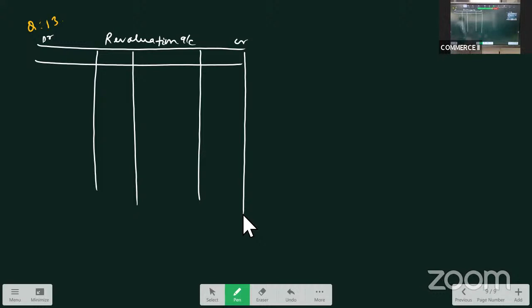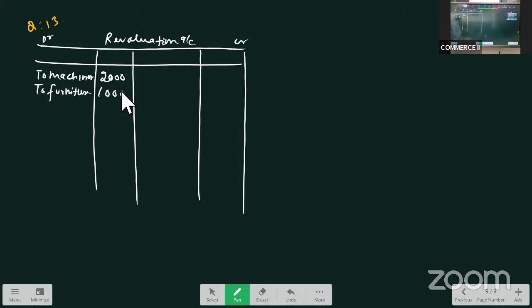Machinery and furniture be depreciated by 10%. Machinery is given as 20,000. 10% of it would be 2,000. So to machinery depreciated by 2,000. To furniture. Furniture is depreciated by 10%. Furniture is given as 10,000. So it would be 1,000.